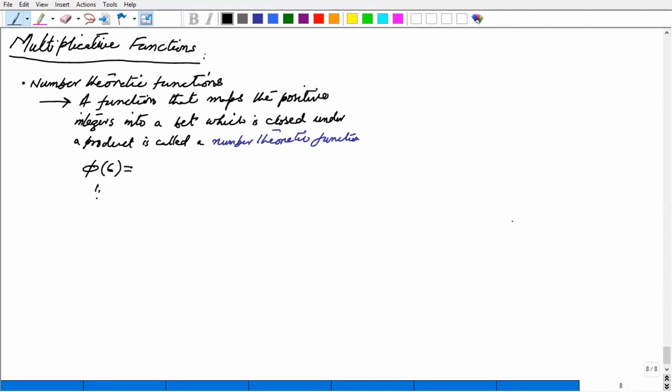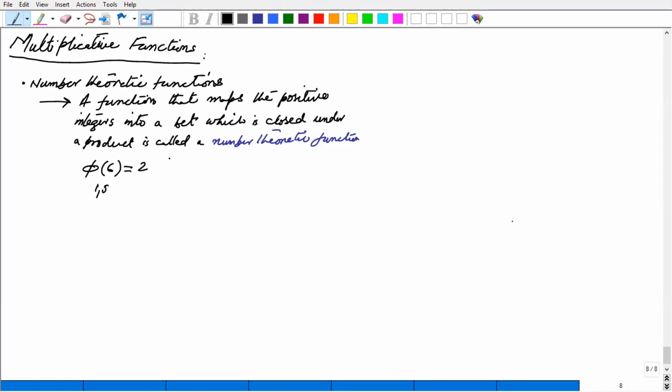So 1 and 5 are relatively prime to 6. So phi of 6 is 2. Okay, so we apply this to positive integers and we get the results in the set, meaning natural numbers, which is closed under the product.